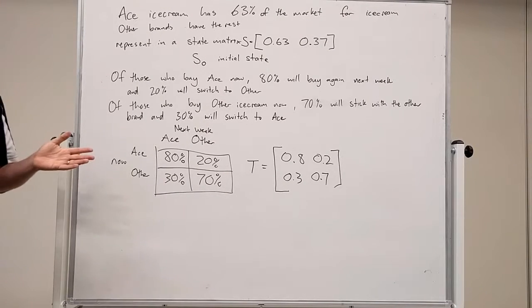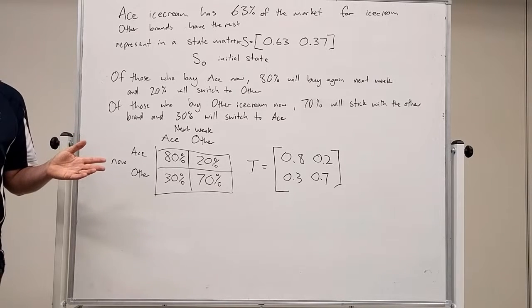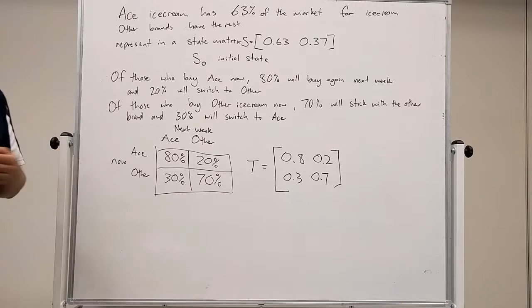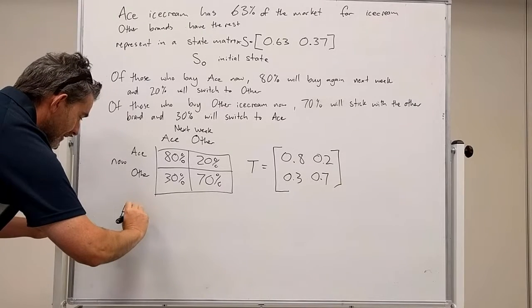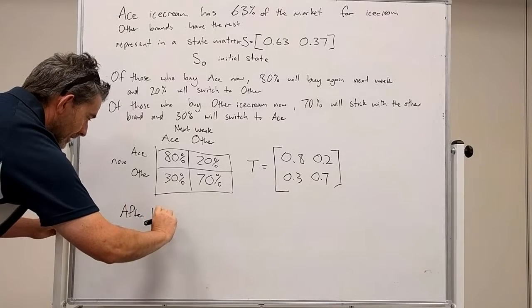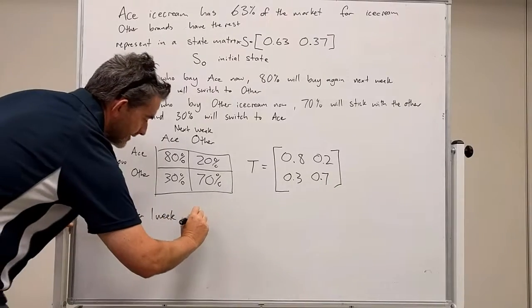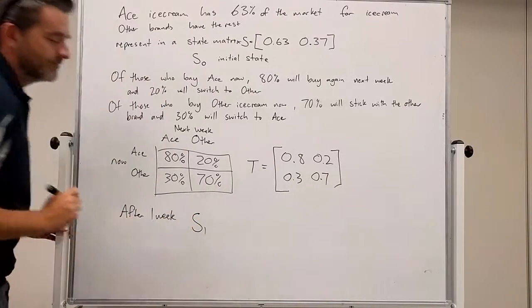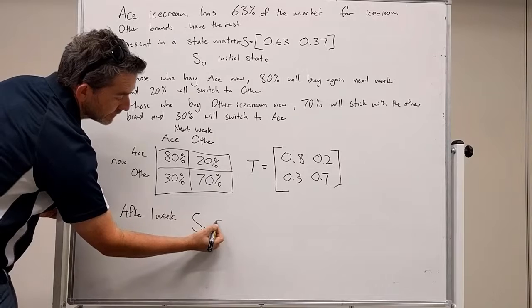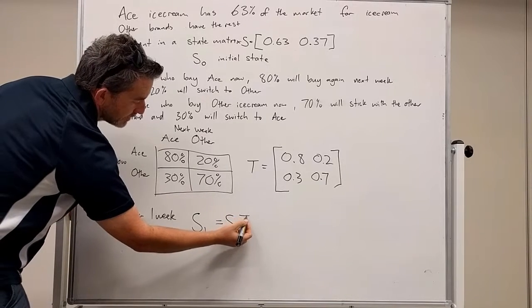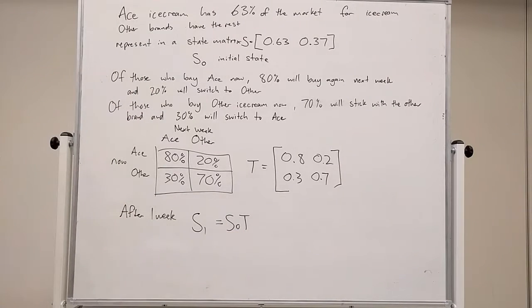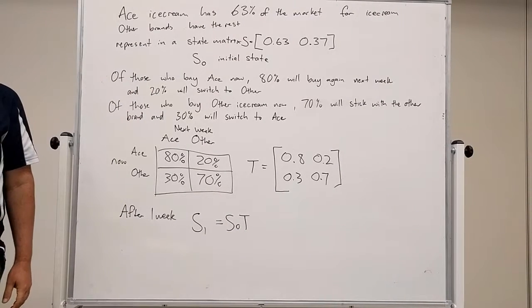So the question might ask us, how many people are buying Ace ice cream after 1 week? And so we need to find out what the state will be after 1 week. So after 1 week, S1 is equal to S0 times by the transition matrix. So this is really easy to do on the calculator.